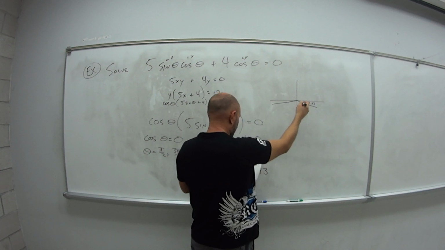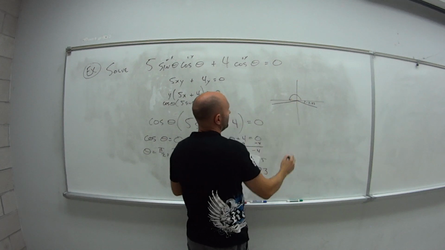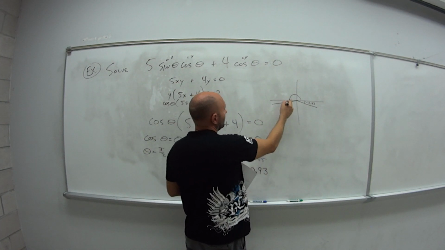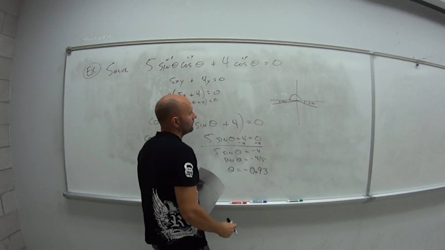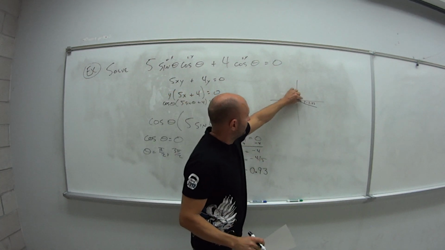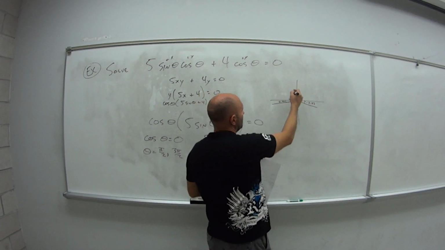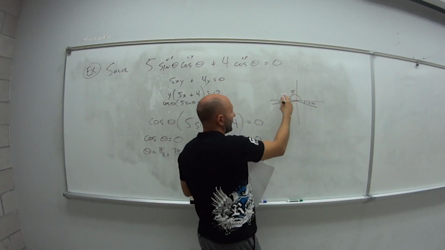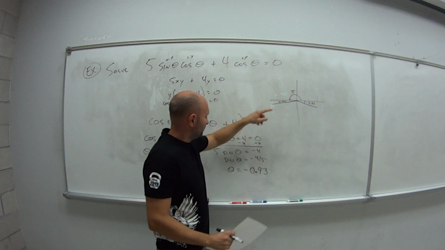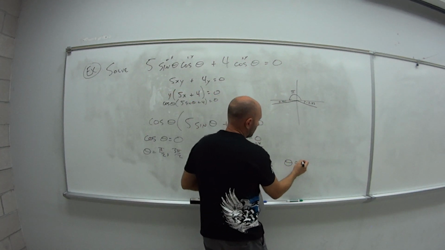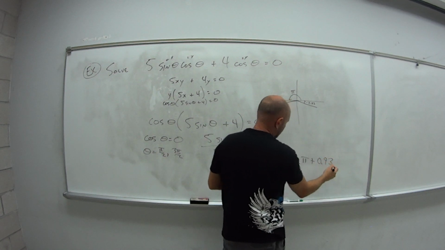So we go from this point to here, which would be pi, and then in here we have 0.93. Let me go through that again. We want this little slice of angle over on this side. How do we get to it? Well, this one here is pi to get halfway around the unit circle, and then we have to add that little bit. So theta is also equal to pi plus 0.93.